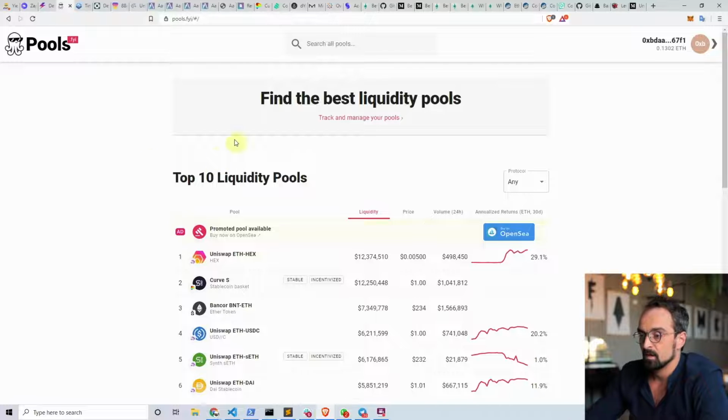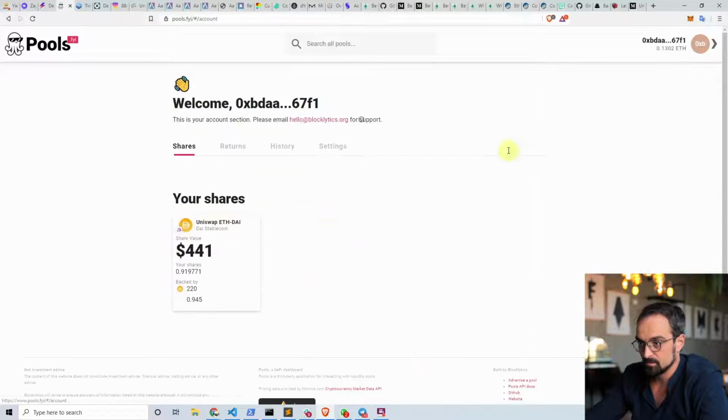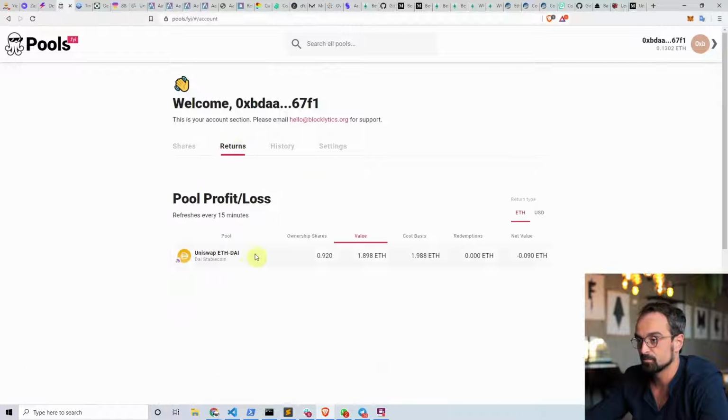All right. So here you can see I can invest in certain pools, and then I can see, okay, what's going on here? Here I can actually see how much money or yield I gain with my own pools. This is a website called pools.fi/accounts, and you can track the performance of your own pools right here.